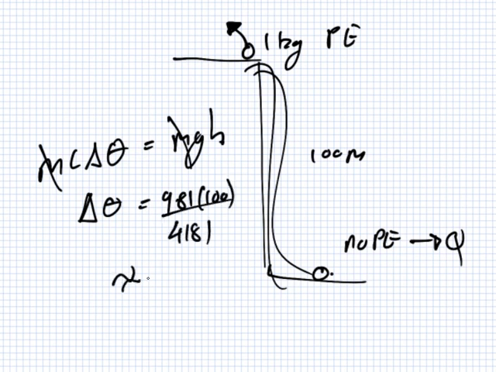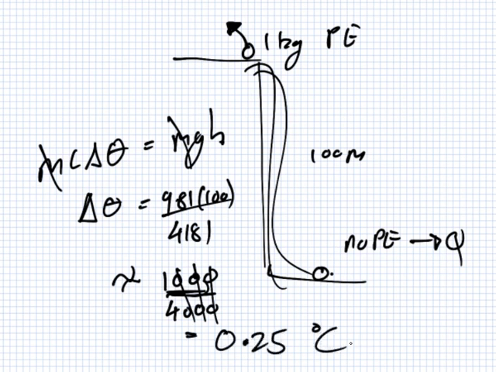That's roughly 1,000 over roughly 4,000. Roughly 0.25 degrees warmer at the bottom of the waterfall than at the top.